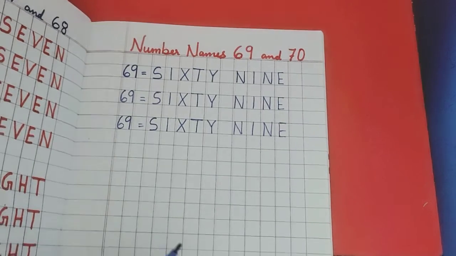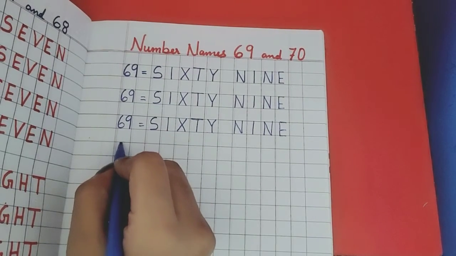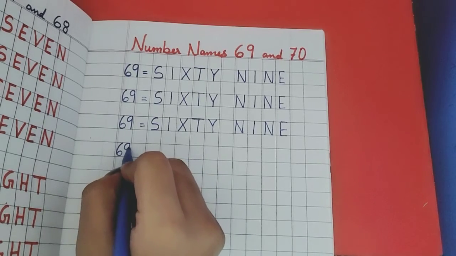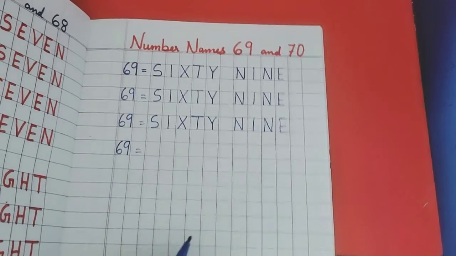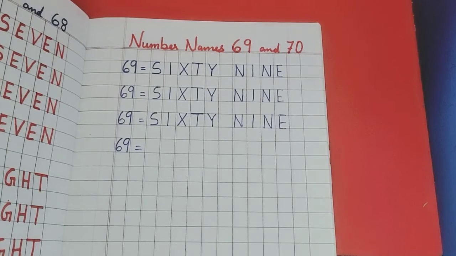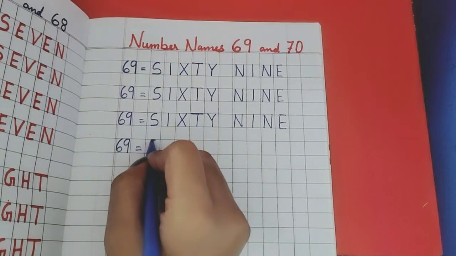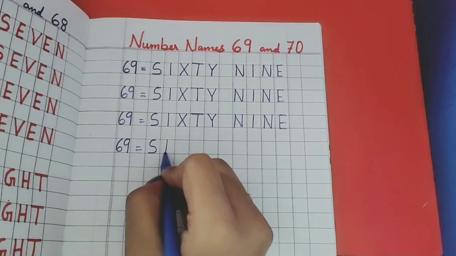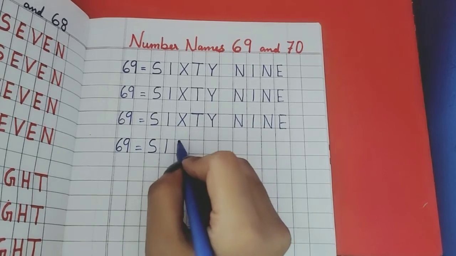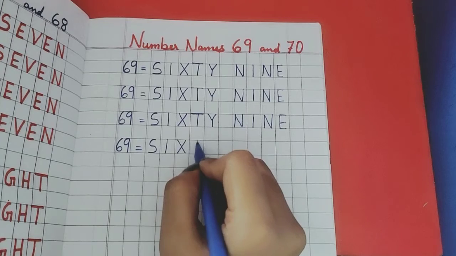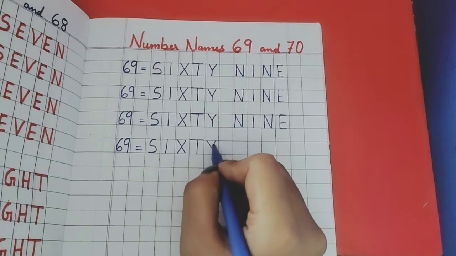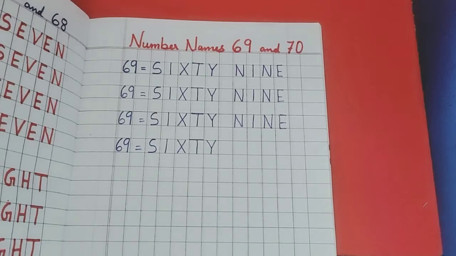Repeat again with me. 6, 9, 69. Spell out the spelling. S I X T Y, 60.